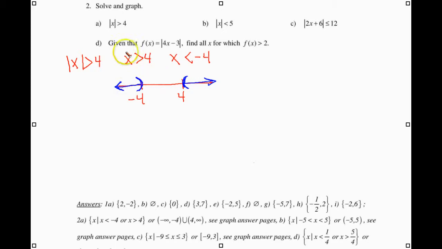Now, when we have the absolute value is greater than something, we're going to end up with what we call a disjunction.